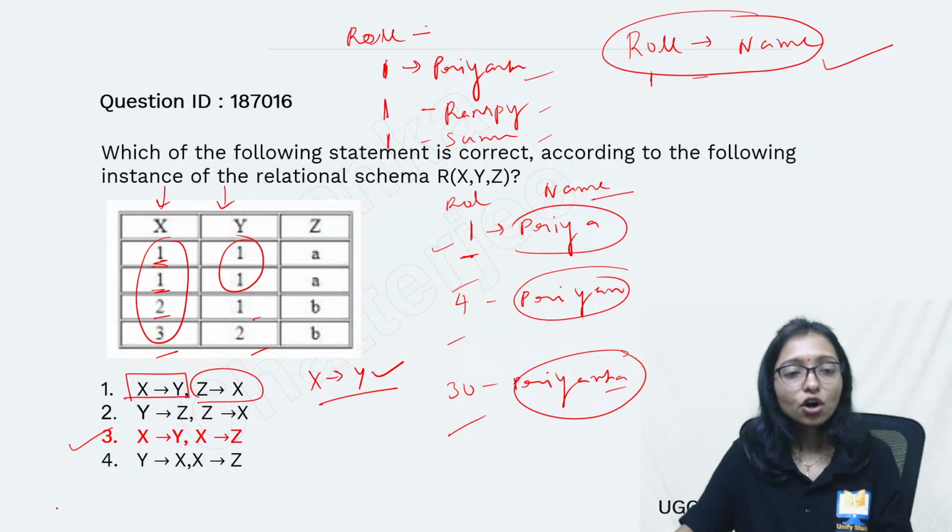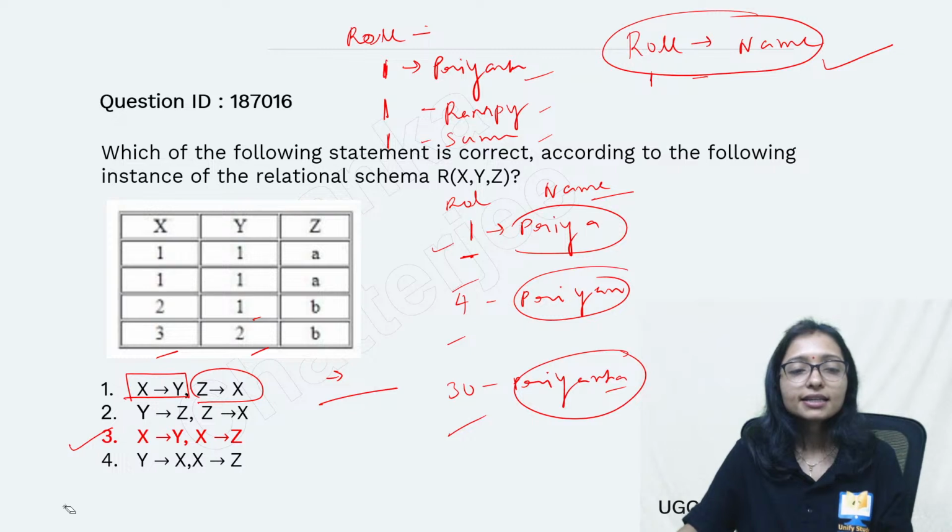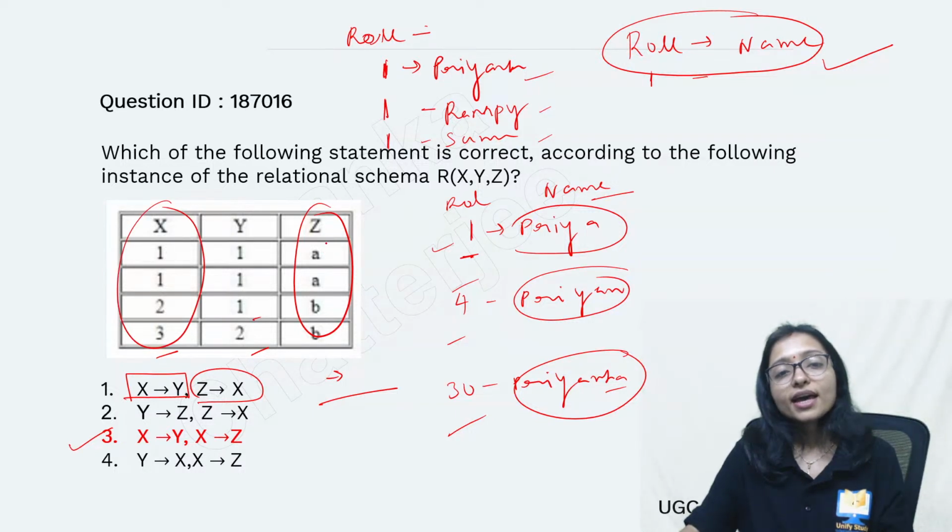Is this holding or not? Z implies X. Whenever you are taking it, what is the problem in Z implies X? Check it. This is Z, this is X. You can see here AA, here 1, 1. That means for one roll number, the same names are there. But here BB you are telling 2, 3.